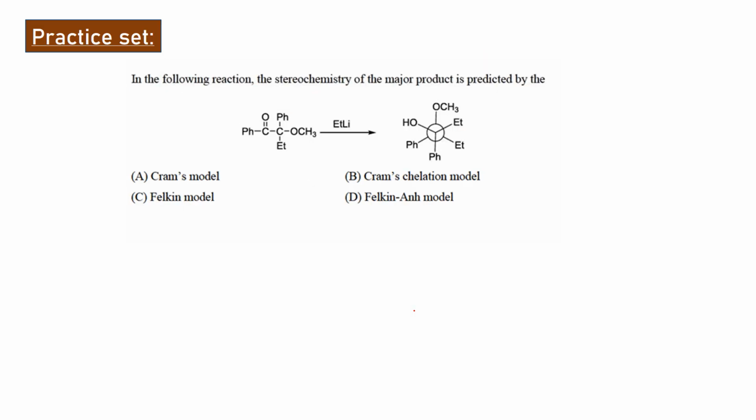In the following reaction, the stereochemistry of the major product is predicted by, so here they have shown that this will be the major product. So what rule has been followed in this case? Usually this type of organolithium species always follows Cram's rule.